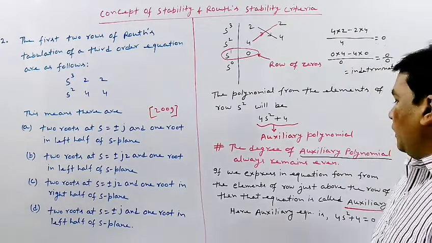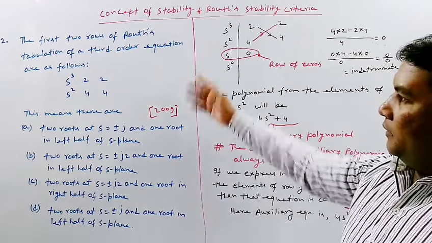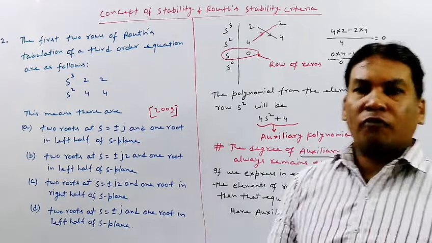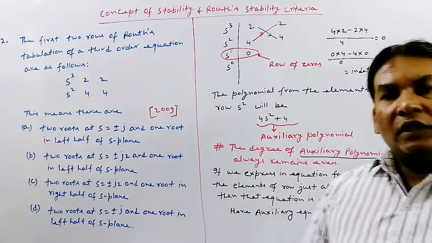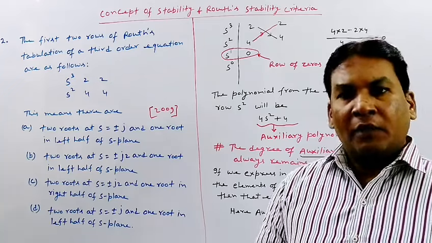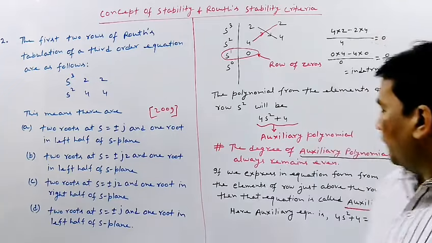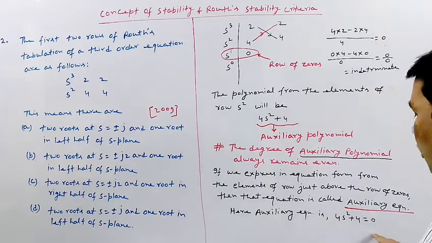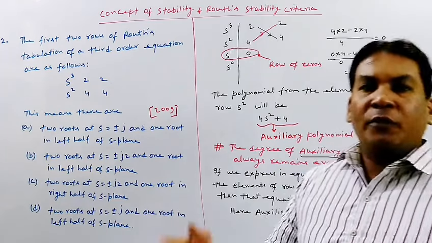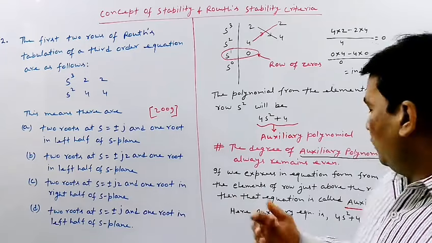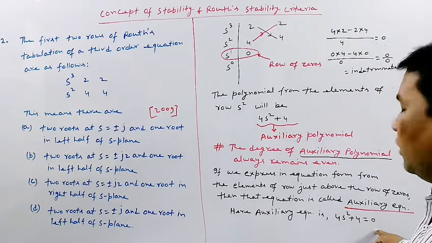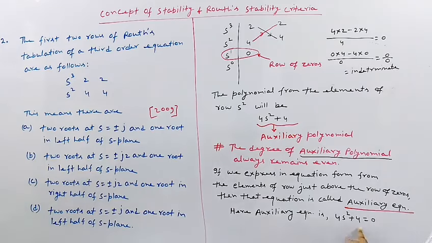As we have discussed in the previous problem, if all the elements of a particular row of Routh's array are 0, then it indicates that there exist some symmetrically located roots, and if we determine the roots of the auxiliary equation, then that will give those roots which are symmetrically located. So now we have to solve this equation to get the symmetrically located roots.